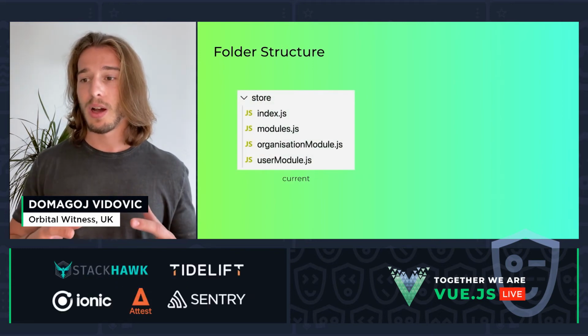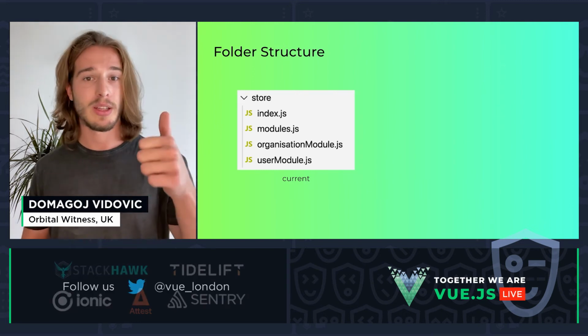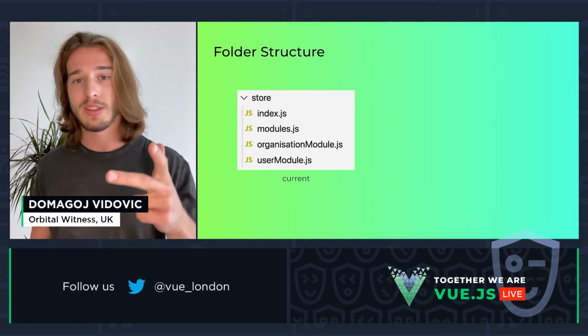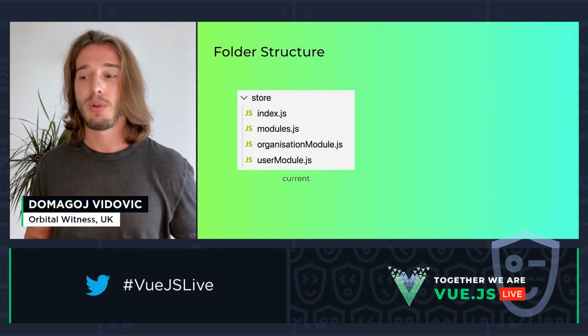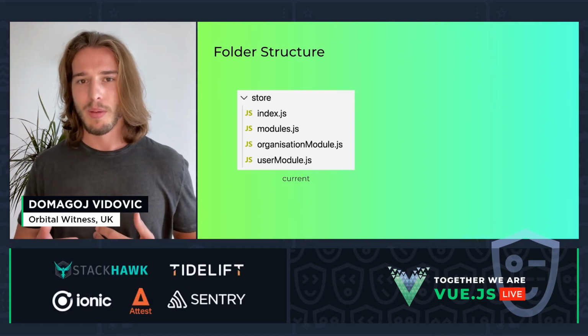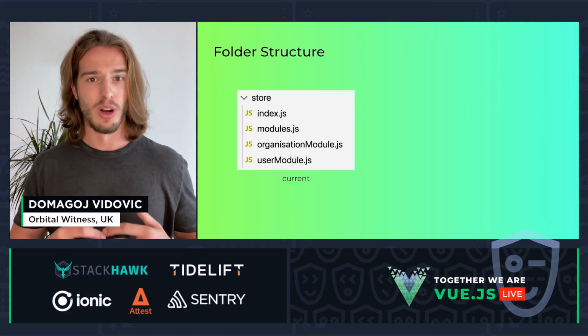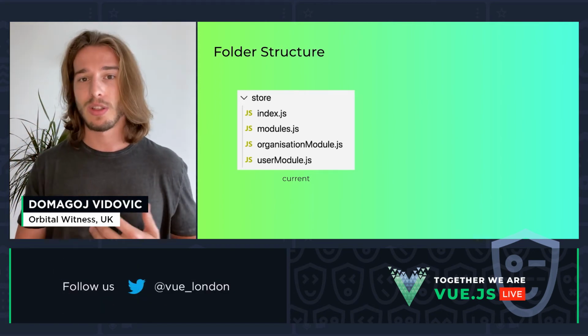At the top, we have the root store folder. Then within it, we have index.js, modules.js, organization module.js, and user module.js. This is pretty cool for small apps, mid-sized apps, but it's not good for massive apps. That's why we need to refactor this structure.